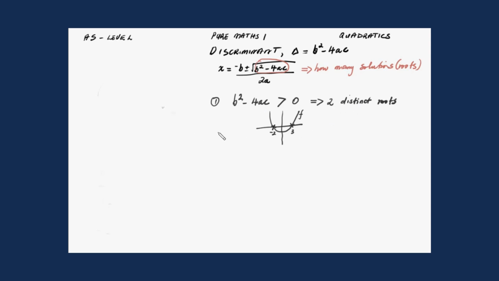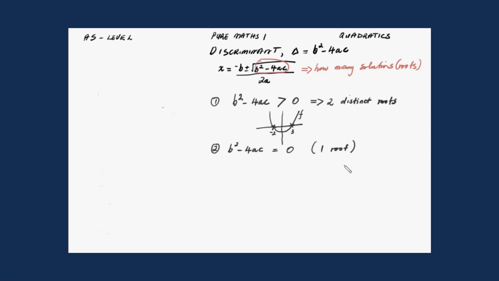All right, let's look at case 2. Case 2 is when our discriminant is equal to 0. Our discriminant b squared minus 4ac is equal to 0. So in this case, we have one root. There is only one root. What does this mean?